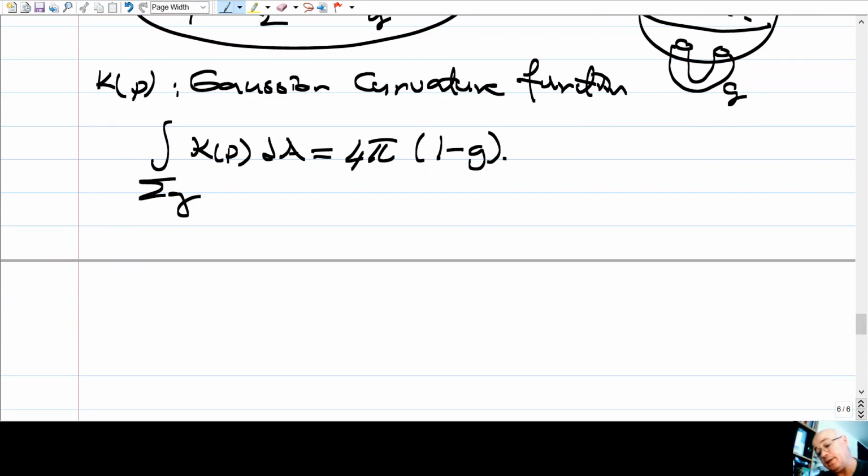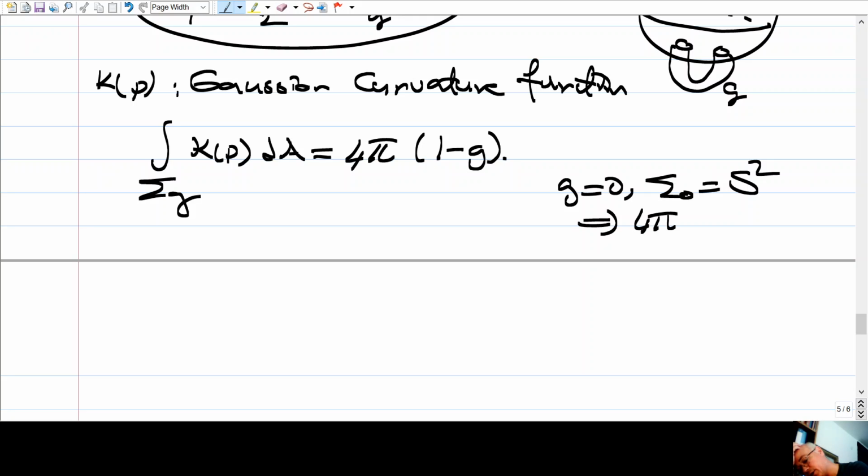By the way, when g equals 0, you have just a sphere. Therefore the integral becomes 4 pi times 1 minus 0, so you get 4 pi, something we already obtained.